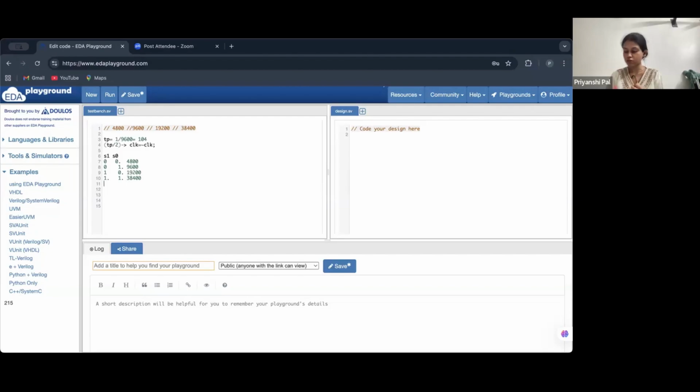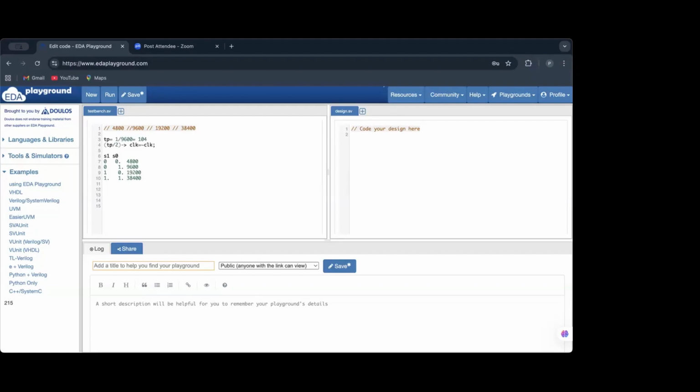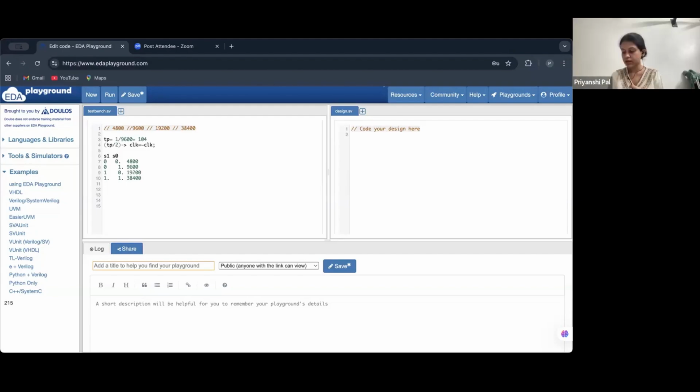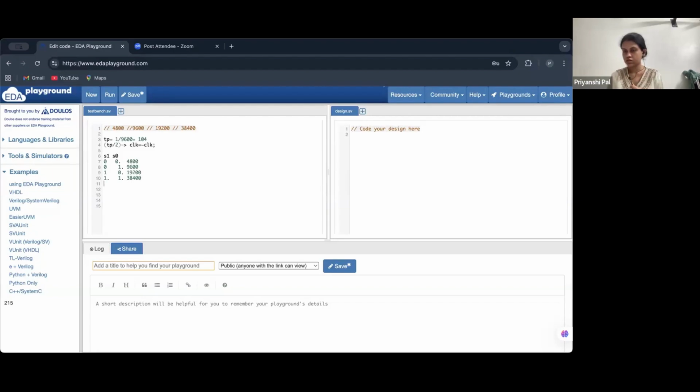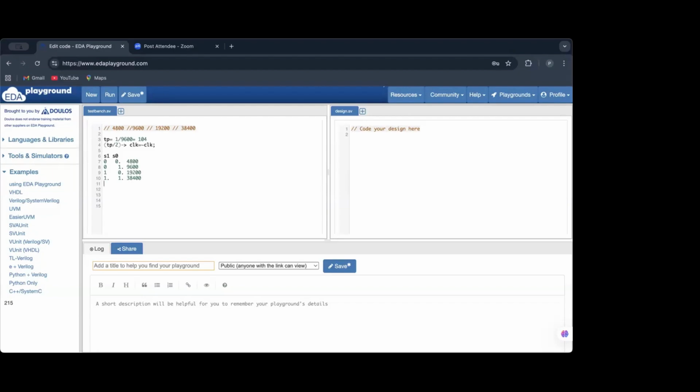For SPI, can we have multi-master? Actually, SPI normally has one master and one or more slaves, right?